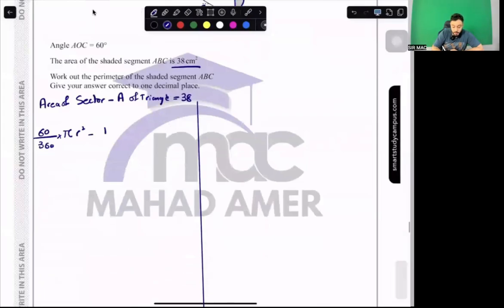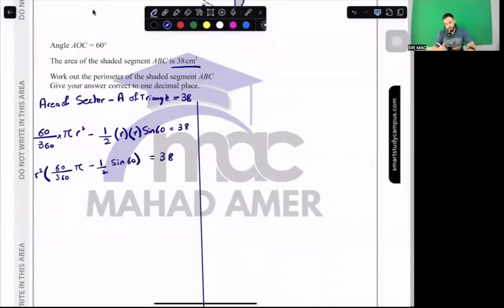Minus area of triangle, which is half times two sides, both are radiuses, times sine of 60, equal to 38. I took r squared common, and I was left with 60 over 360 times pi minus 1 over 2 times sine 60, equivalent to 38. I just plug everything back as it is in a calculator.